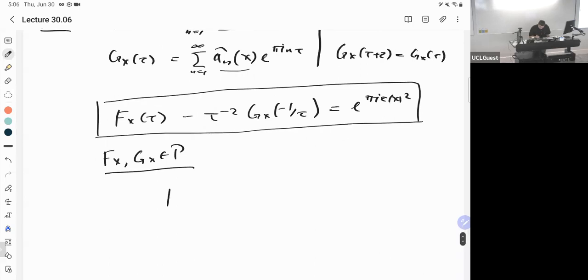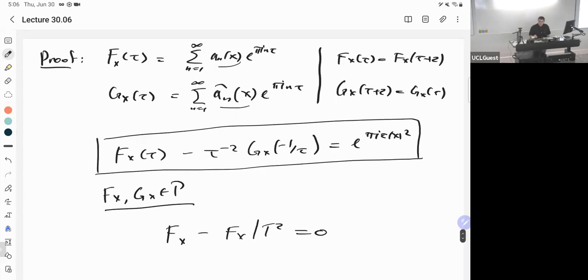So first, let's just ignore gx completely and look at what this identity tells you. It tells you that fx minus fx slash t squared is 0. So this is the periodicity.